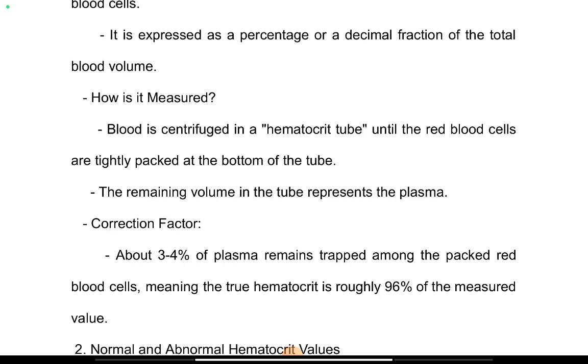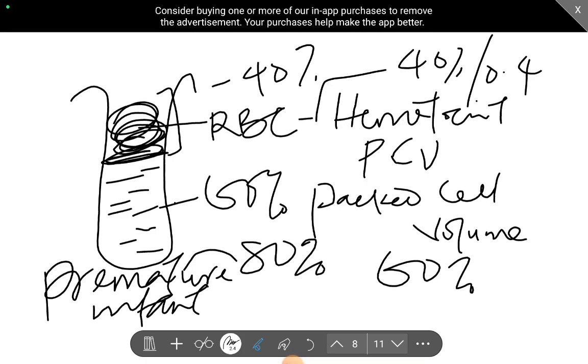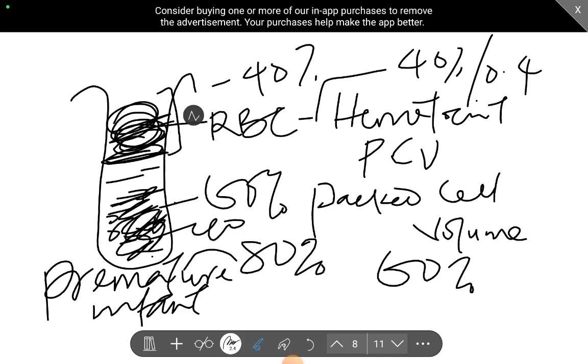I think there is a mistake here. The red blood cells are actually at the bottom, tightly packed, which even makes sense, because cells have to settle down while the plasma is at the top. So this is 40% red blood cells, and plasma at the top is about 60%. Sorry for that mistake.